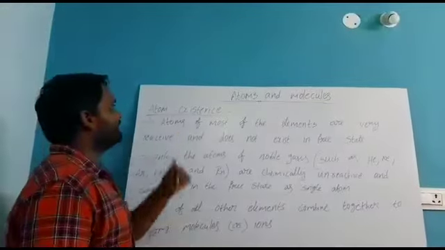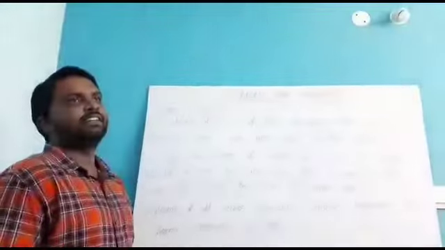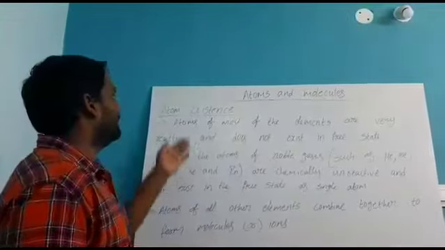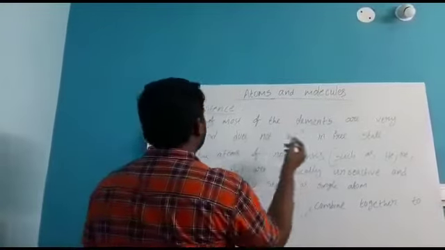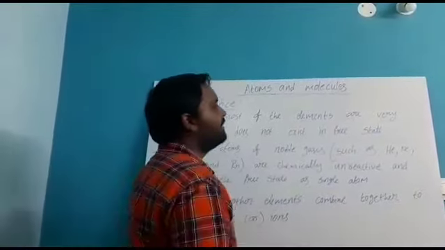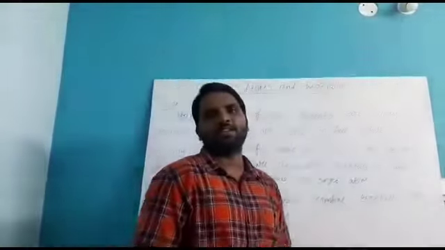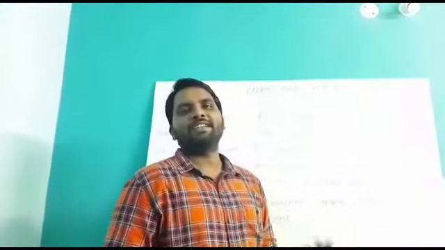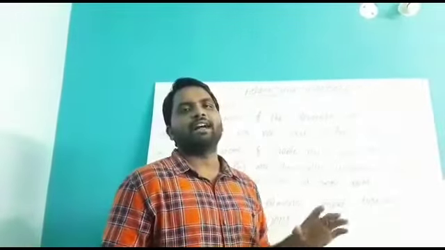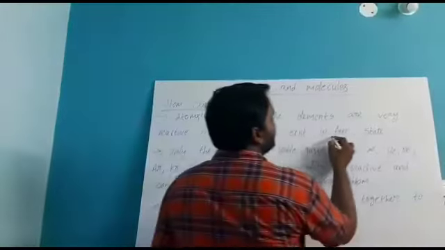Now, how do atoms exist in matter and other objects? Atoms of most elements are very reactive and do not exist in the free state. That means you will not see pure atoms, because atoms are always ready to react with other atoms. That pure form we call the free state.